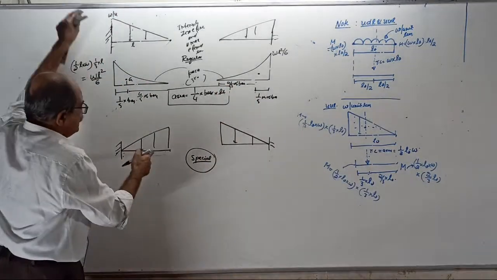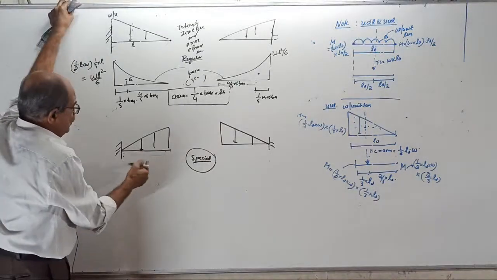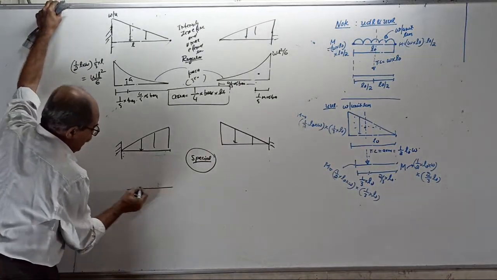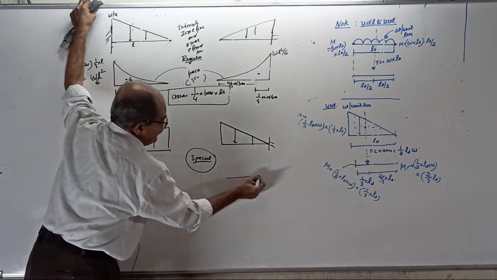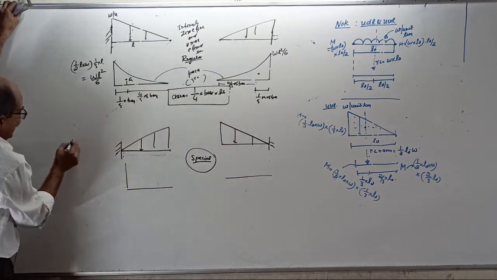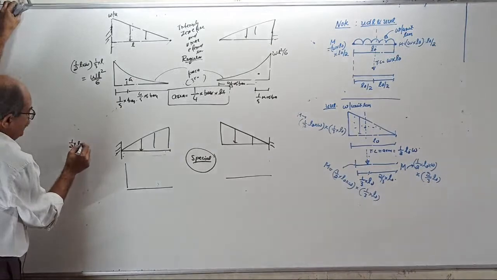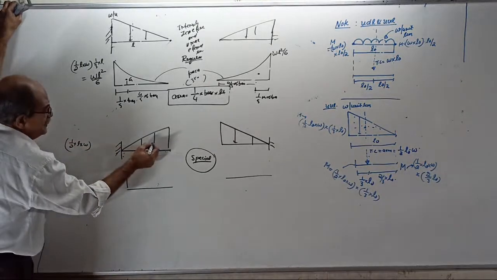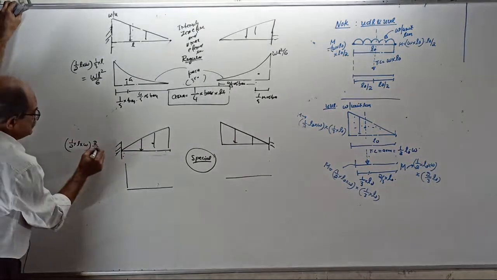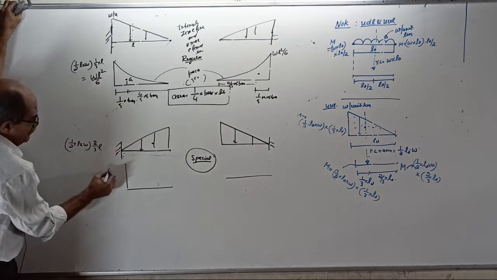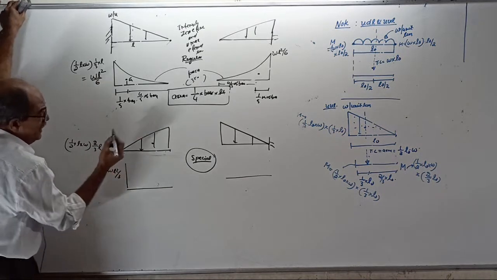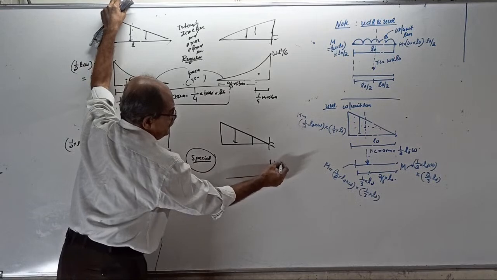Now BMD will come the same way. The BM will be half into L into W into resultant at 2/3 of L. It will be double BM: WL square by 3.